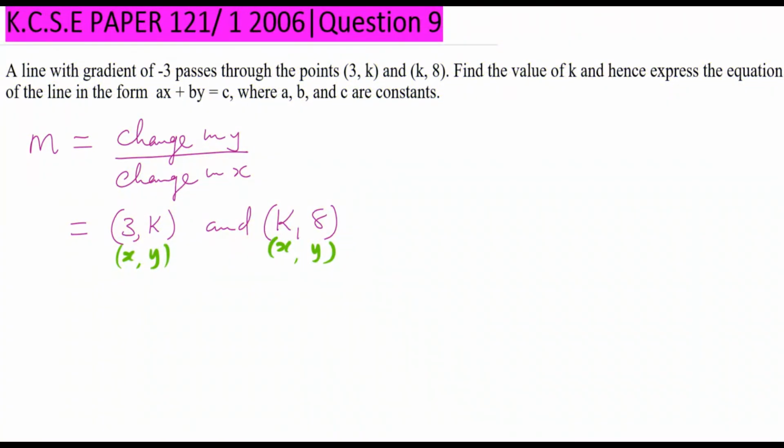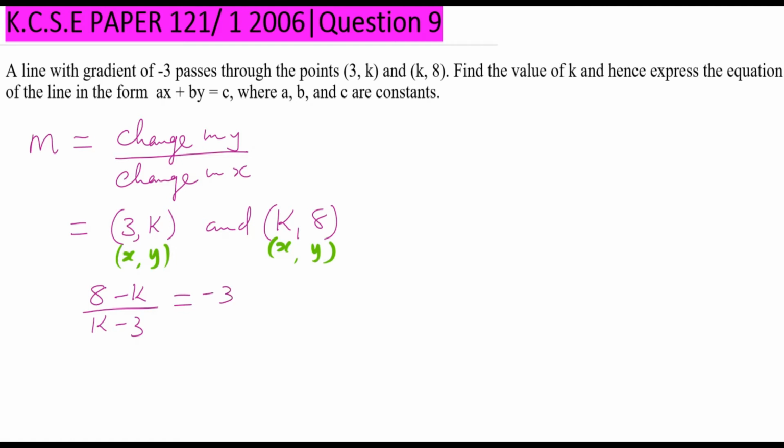In obtaining this gradient, the change in y will be 8 minus k, divided by change in x, which is k minus 3. And this should give us -3.